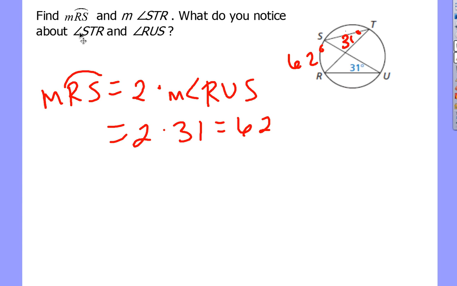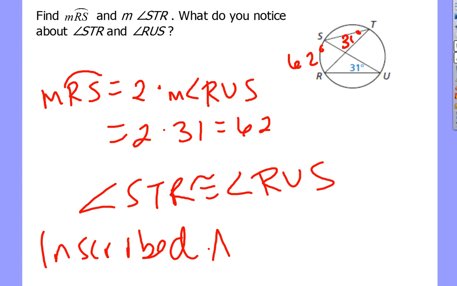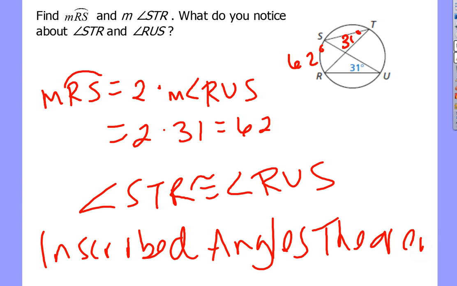And that means that angle STR is congruent to angle RUS. This is going to bring up what is called the inscribed angles theorem, and that will be what our next video is all about.